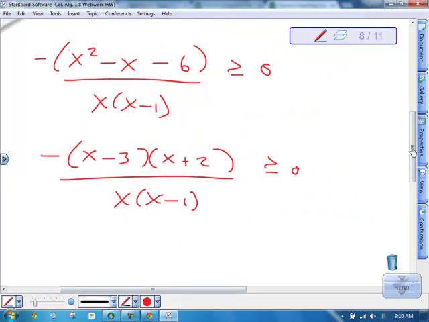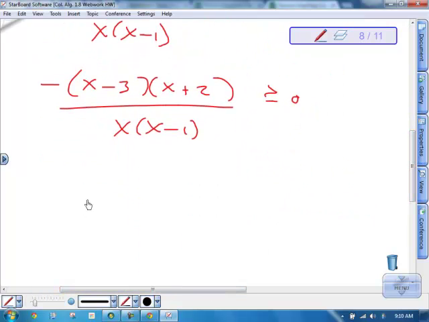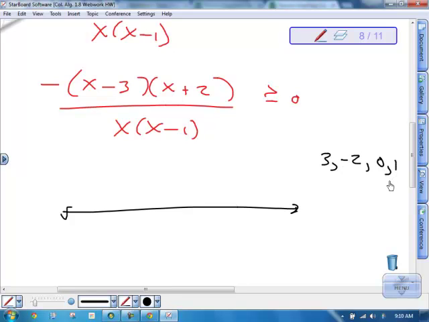So now from there we can put our key points on a number line. Our key points are 3, negative 2, 0, and 1. So I'll put negative 2 here. I'll put 0 here, 1, and 3, all on a number line.